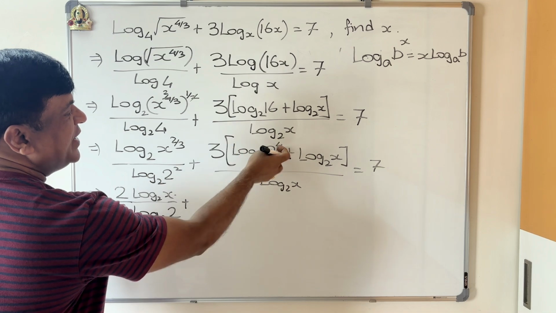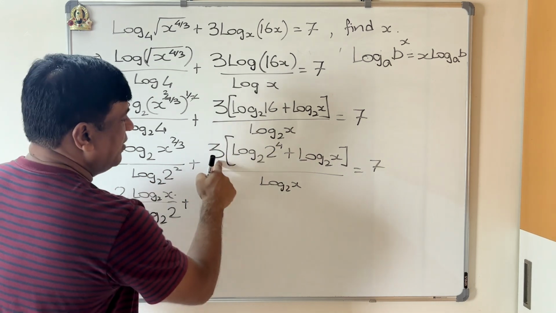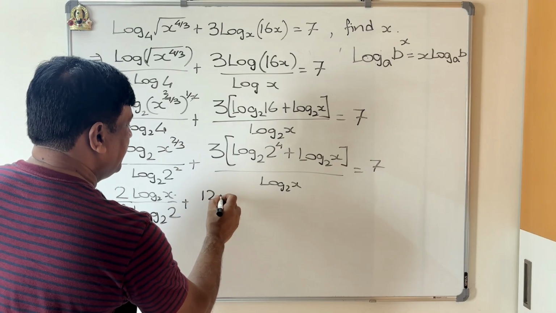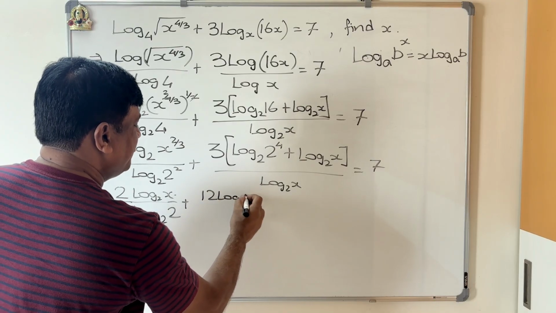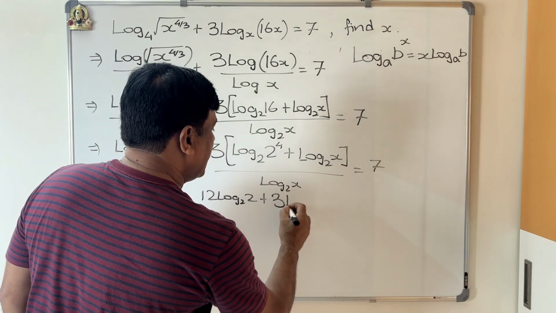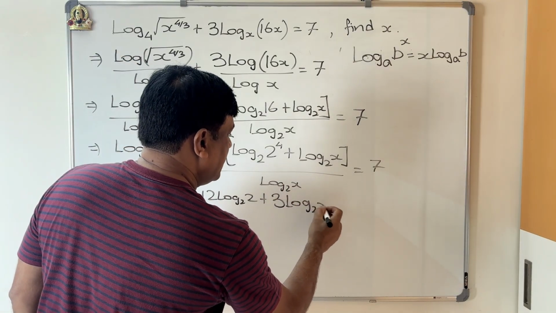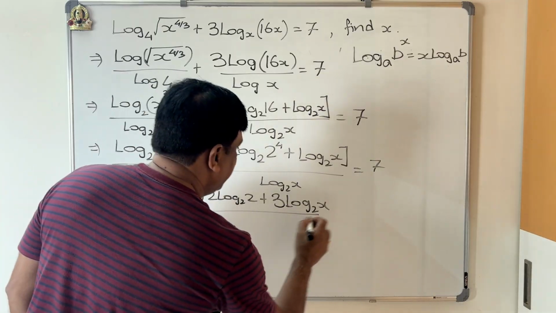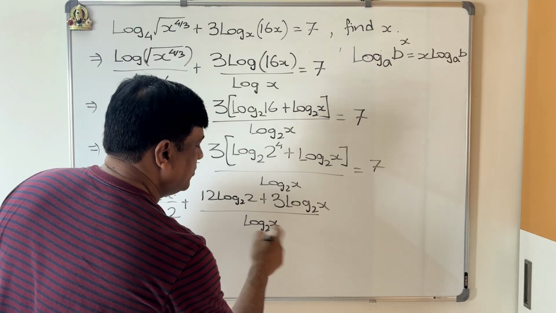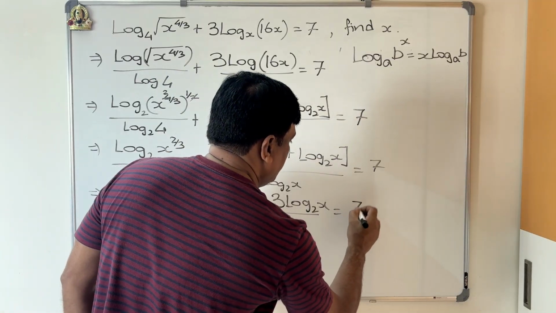Similarly, when you bring it outside, now if you multiply this, what you'll get is 12 times log of base 2 of 2, plus 3 times log x divided by log base 2x is equal to 7.